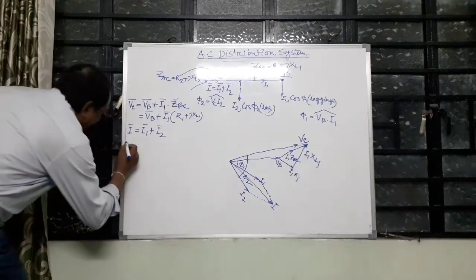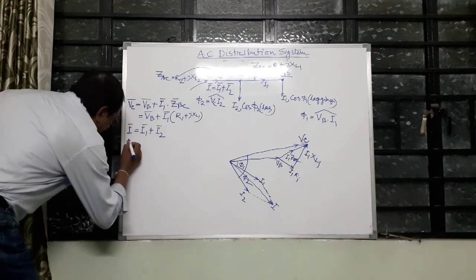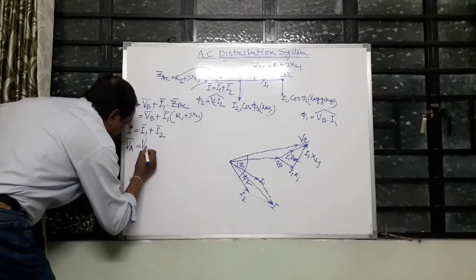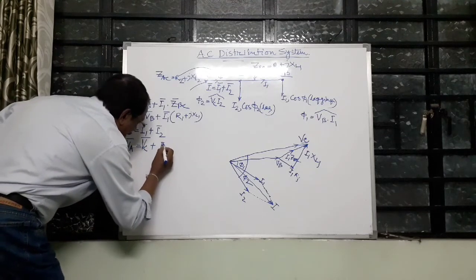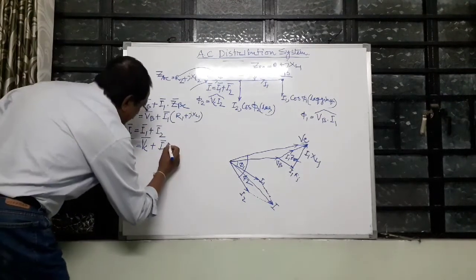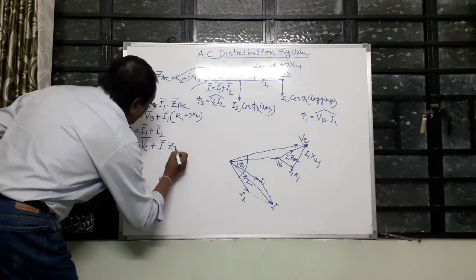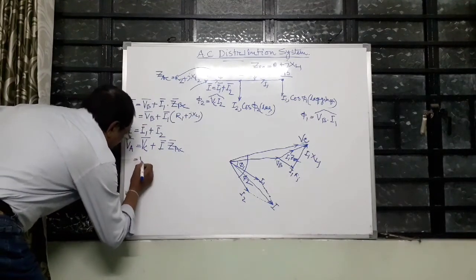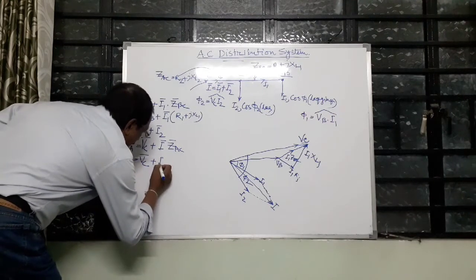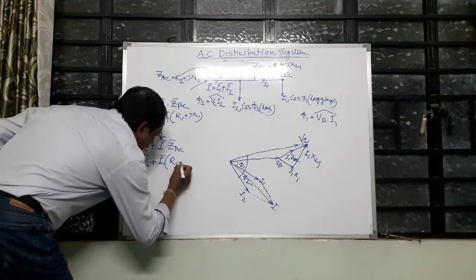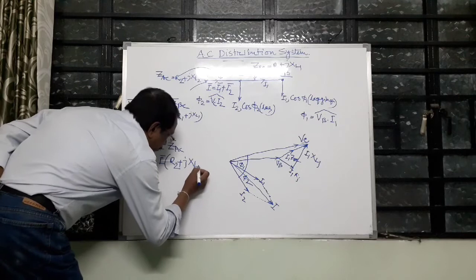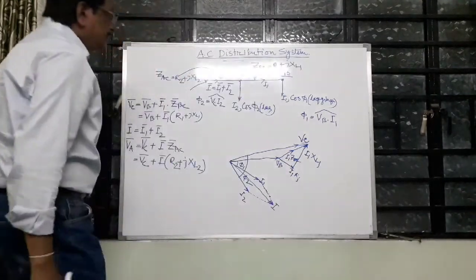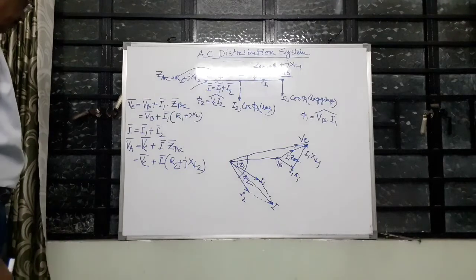Now, what is VA? The voltage at A equals VC plus this drop: VC vector plus current I times ZAC, that is VC plus I times (R2 plus jXL2).